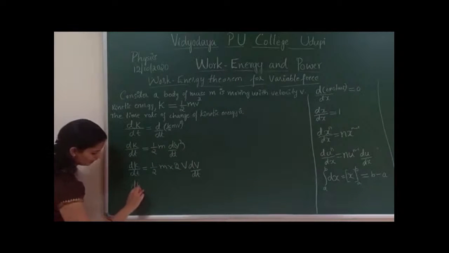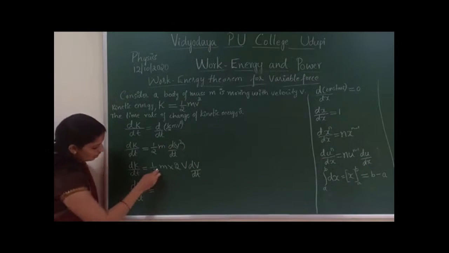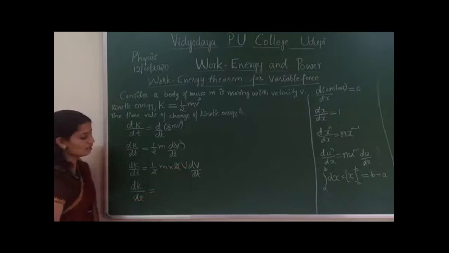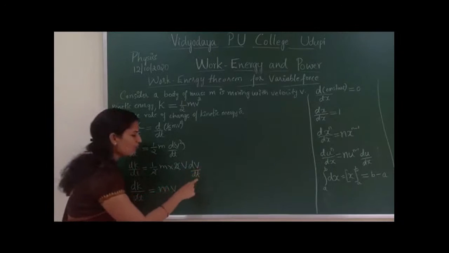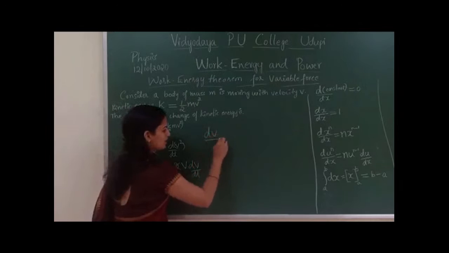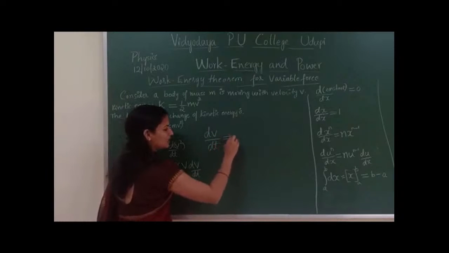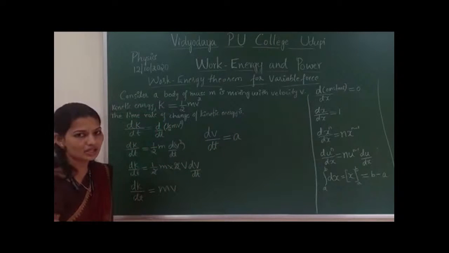I can write dK by dt, which is equal to, this 2 gets cancelled. The remaining is m into v into dv by dt. We already studied this: dv by dt is equal to acceleration.